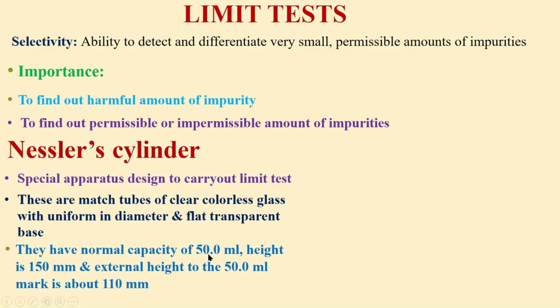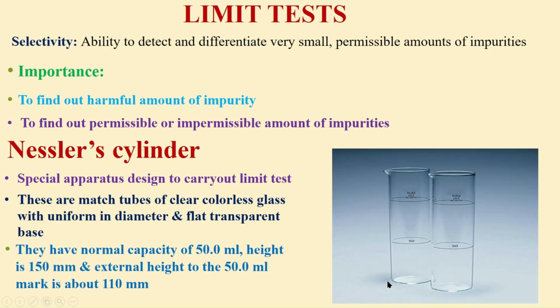The distance from the 50 ml mark to the tip of the Nessler cylinder is around 40 millimeter. The length of the tube is 150 millimeter, the 50 ml mark is at 110 millimeter, so there is a 40 millimeter gap.